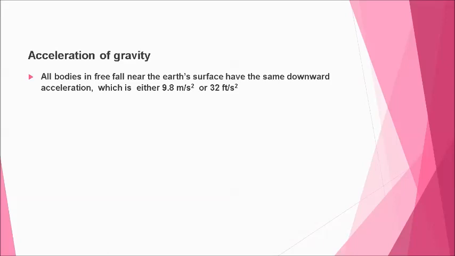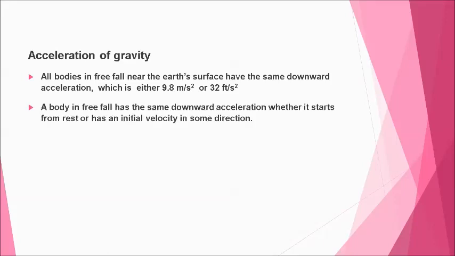Pag fall na sinasabi, it's vertical talaga. So, all bodies in free fall near the Earth's surface have the same downward acceleration, which is either 9.8 meters per second squared or 32 feet per second squared. And a body in free fall has the same downward acceleration whether it starts from rest or has an initial velocity in some direction.